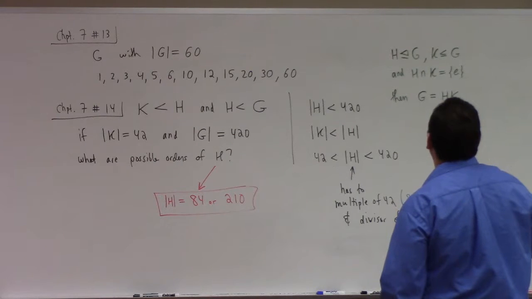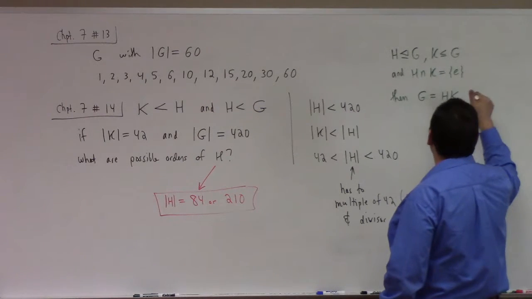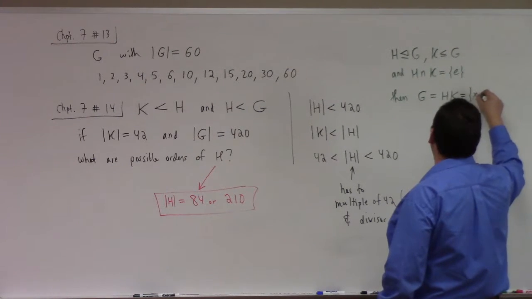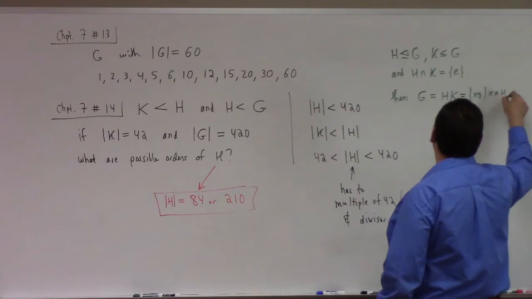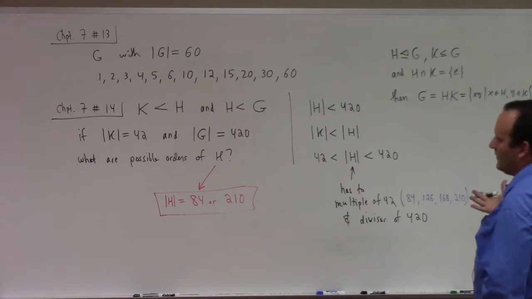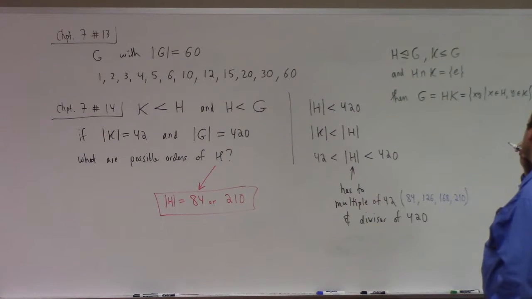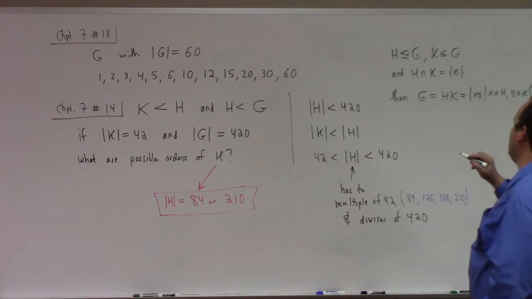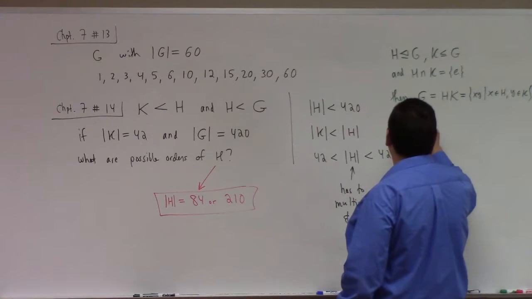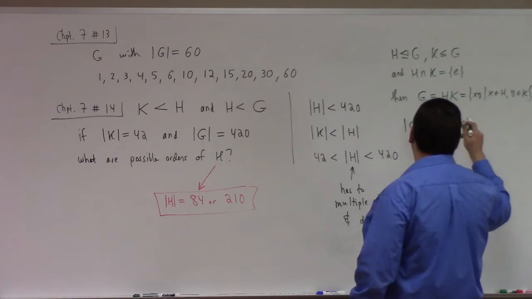Which is kind of a funny definition, because this is sometimes just defined to be the product xy such that x is in H and y is in K. I'm not sure if I'm missing something here. Anyway, so I think basically it's that the order of G is equal to the order of H times the order of K is true here.